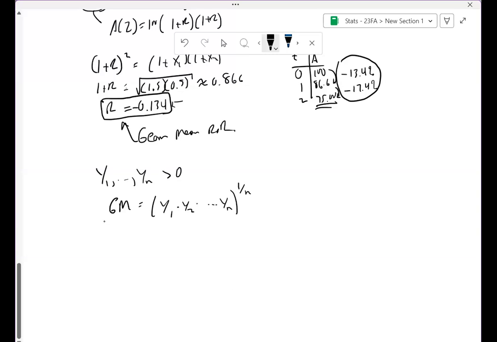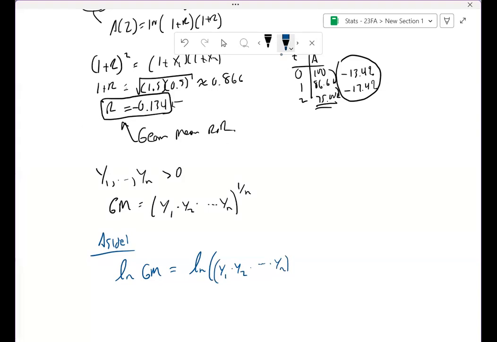Now, I am saying that this is a mean. We would kind of expect it to be related in some way to the arithmetic mean. And it does turn out that this is related to the arithmetic mean. So this is kind of an aside. If we log the geometric mean, we log the product of y1 through yn to the 1 over n power. As an aside, if you're not familiar with the log, not a big problem.